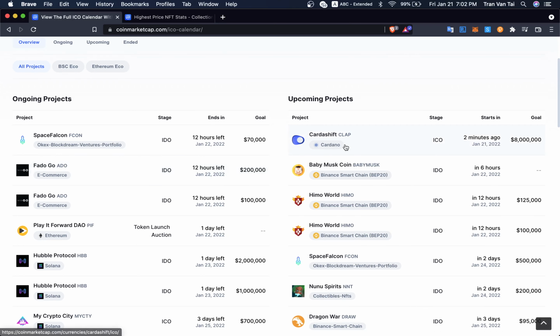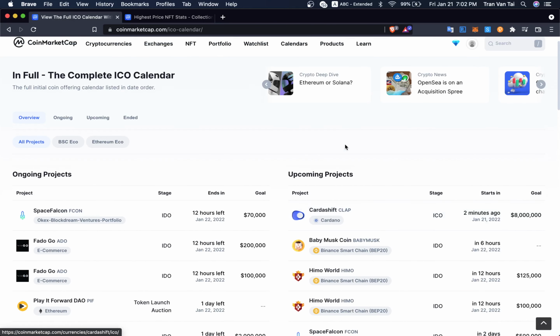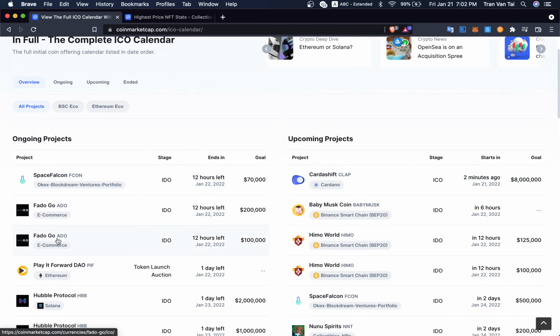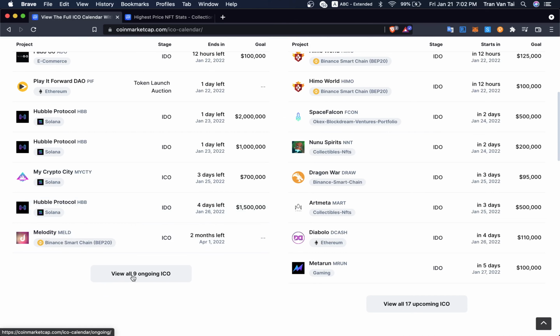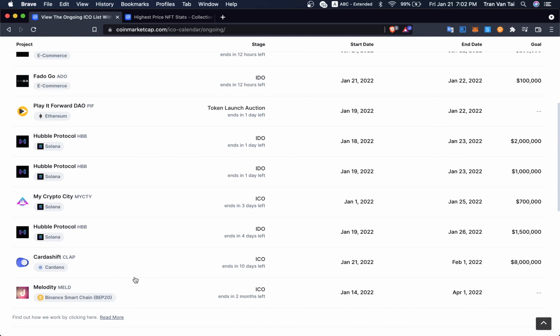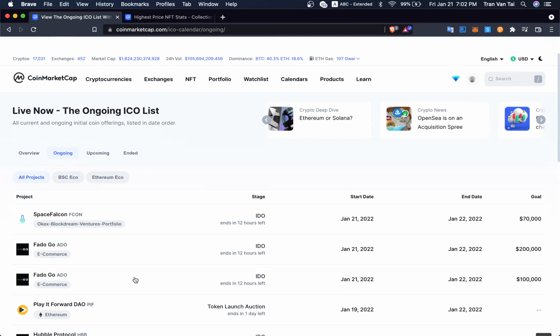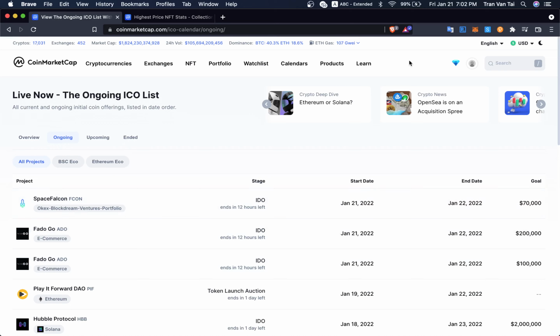And you can see here there are ongoing ones: Spray Falcon or Oppo Protocol or Melody, or you can view all night coin open on Solana and Ethereum or Cardano.